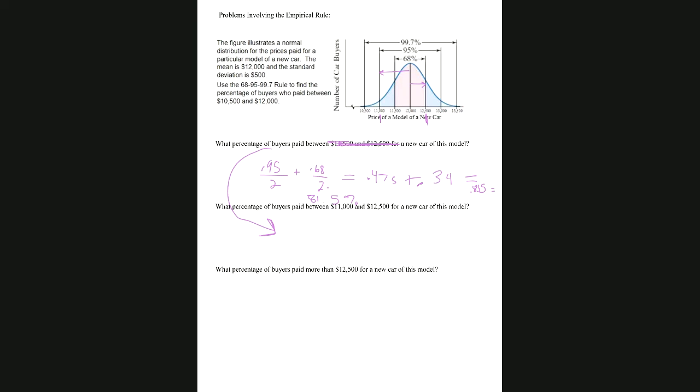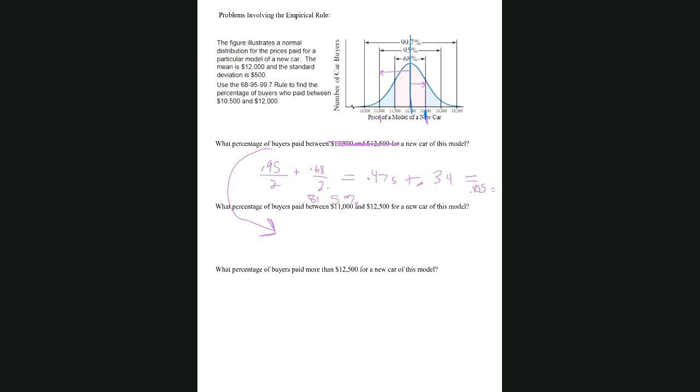All right, last one. What percentage of buyers paid more than $12,500 for a new car of this model? So I want to know more than $12,500. So here's $12,500, right? And here's where I'm going to use the part about 0.5.